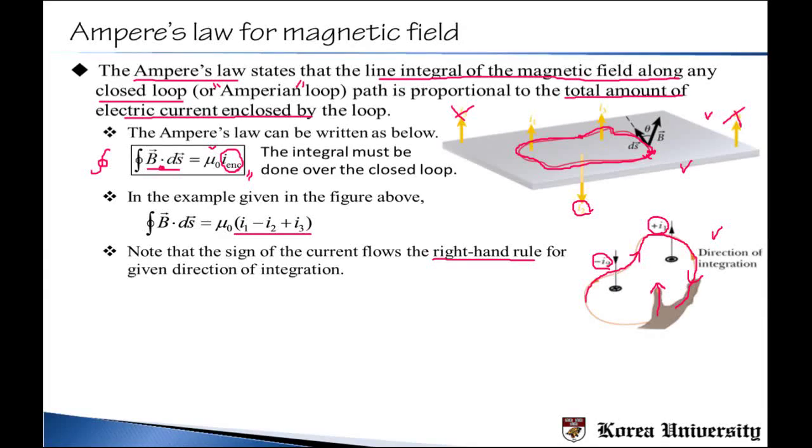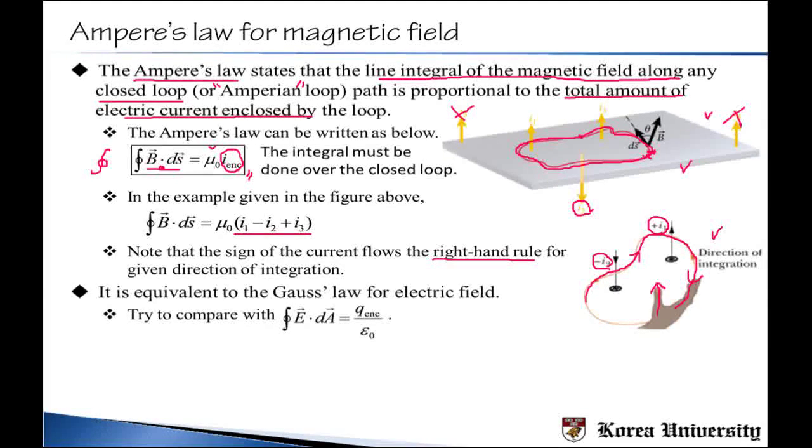Okay. And by now you probably have some idea that it sounds very similar to what we have learned about Gauss's law for the electric field, right? In the case of Gauss's law, which is shown here, we integrated the electric field around a closed surface, and such integration was proportional to the total amount of enclosed charge, and the proportionality constant was the inverse of this permittivity constant.